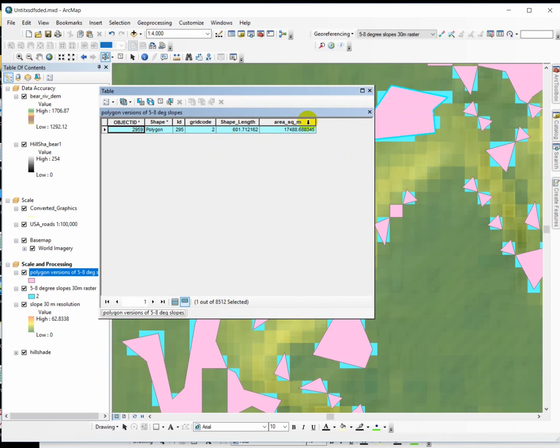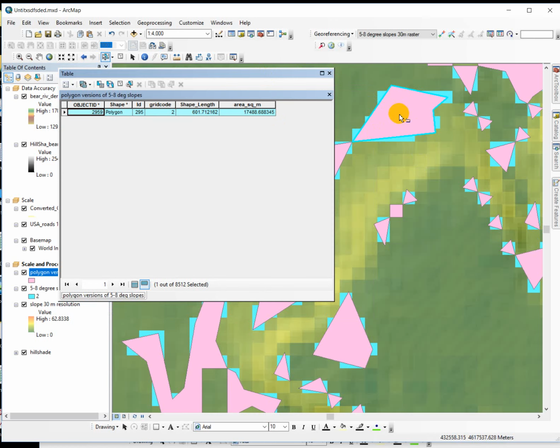So we're talking massively sub-meter resolution or precision here on this polygon that has gone through a resizing and a reshaping and is representing values that are averaged from a 30-meter elevation data set.